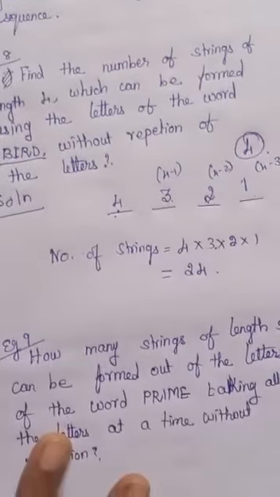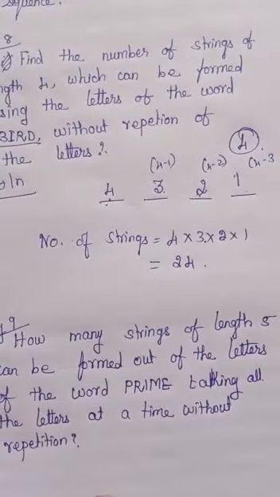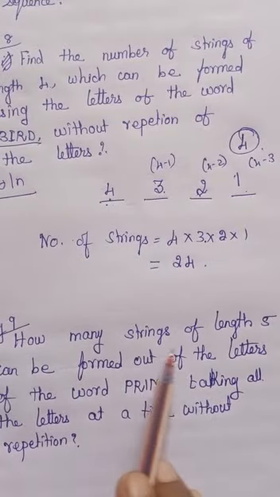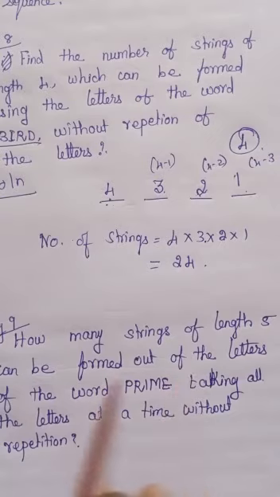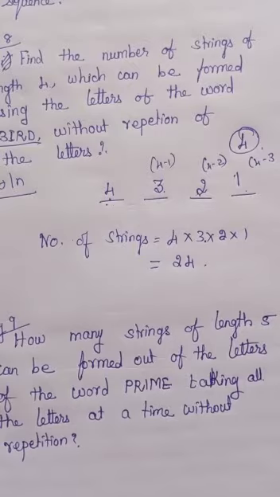Shall we do one more problem related to that? It's a little interesting. How many strings of length 5 can be formed out of the letters of the word PRIME, P-R-I-M-E, 5 letters given, taking all the letters at a time without repetition. Here also without repetition.